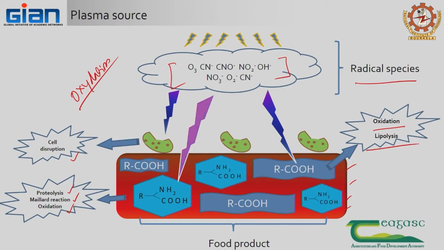Now all this proteolysis or oxidation of the lipid layer. If you know, the outer layer of bacteria is what? Membrane made up of peptidoglycans. Glycan is a carbohydrate, peptido is a protein. So surface oxidation happens and leads to pores, and because of pores those plasma species go in and oxidize the cellular compounds.